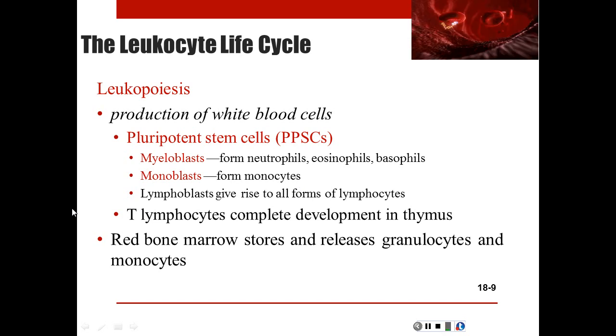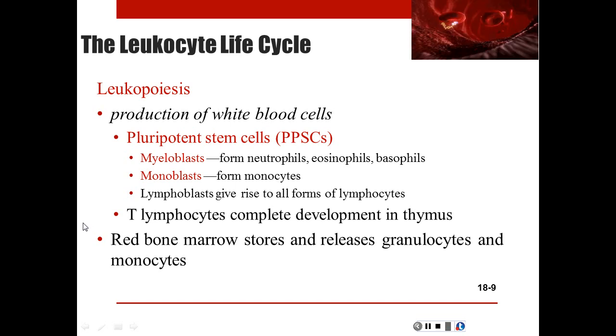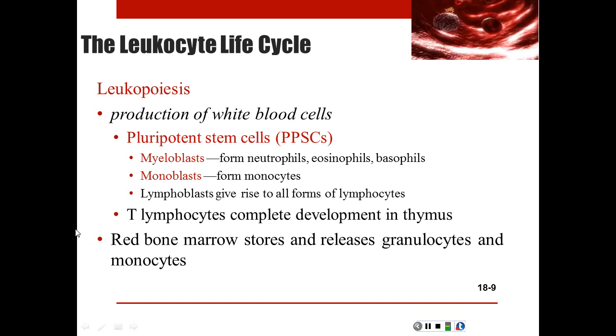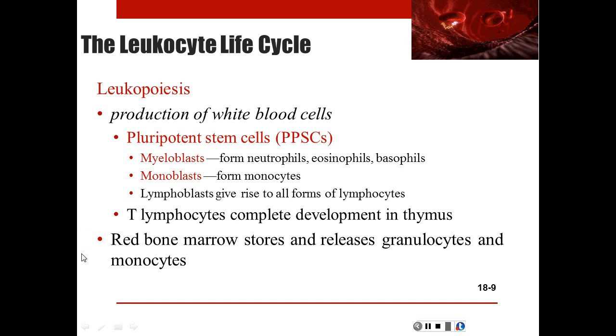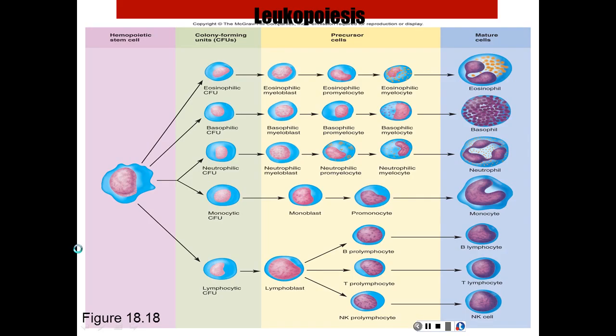all forms of lymphocytes. Now T lymphocytes complete their development in the thymus, and then others will be rerouted once they're mature. They go to the spleen, the lymph nodes, and other lymphoid organs and tissues. So let's look at this diagram.